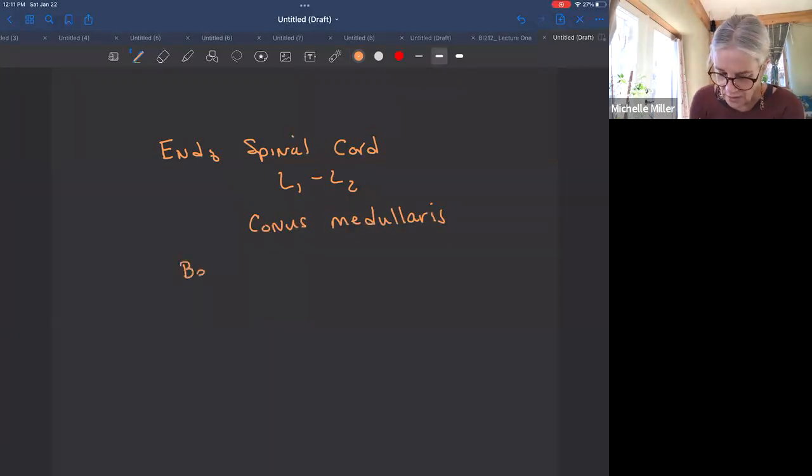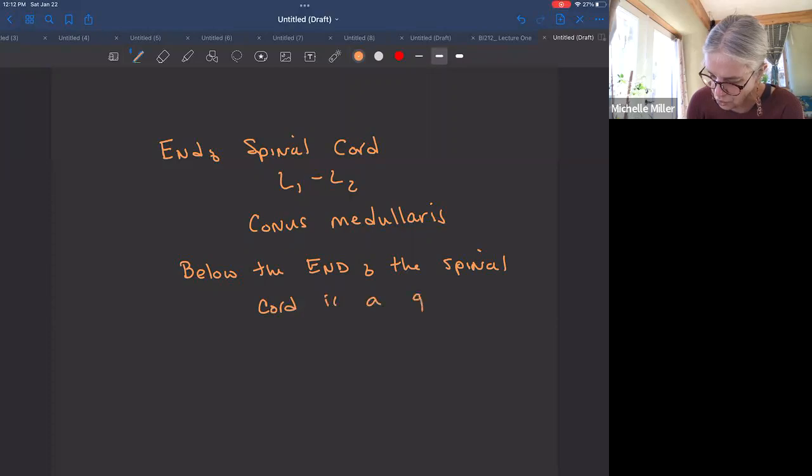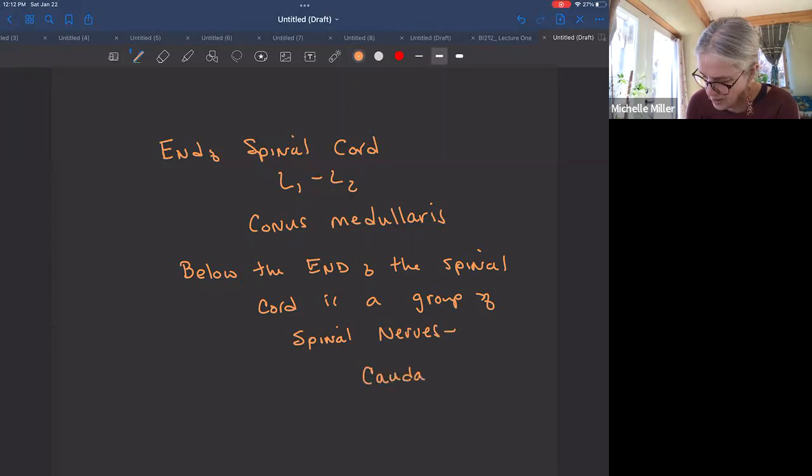So below the end of the spinal cord is a group of spinal nerves, and they're called the cauda equina. Cauda means tail and equina means horse. So it's the horse's tail.